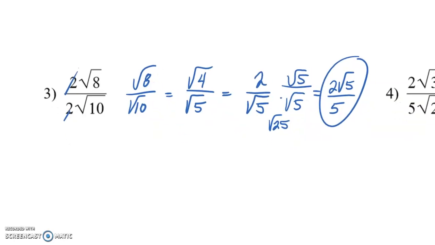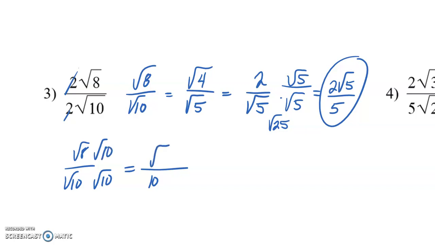Now, had you started this problem with 8 over 10 and just simply multiplied, you would have got 10 on the bottom and 80 on top. Therefore, you need to take 80: 10, 8, 5, 2, 2, 4, 2, 2.